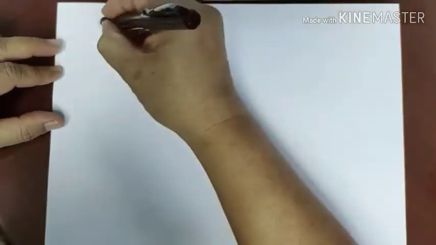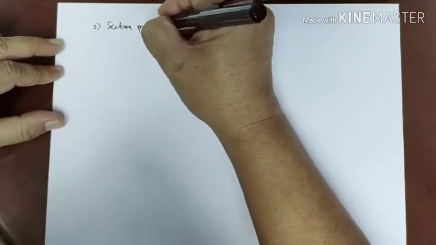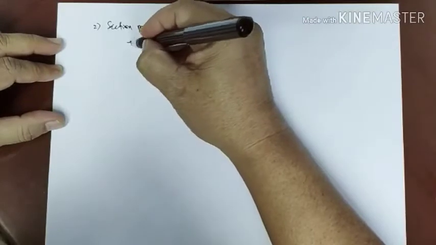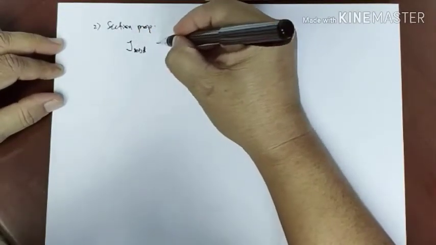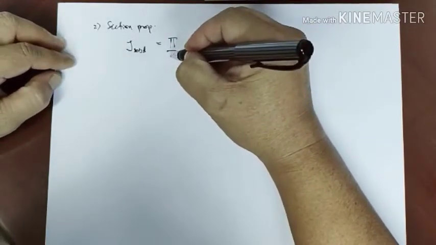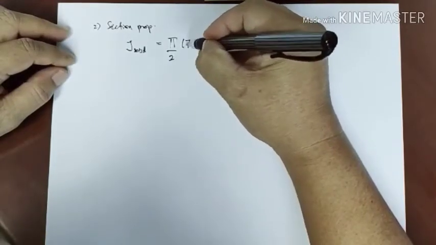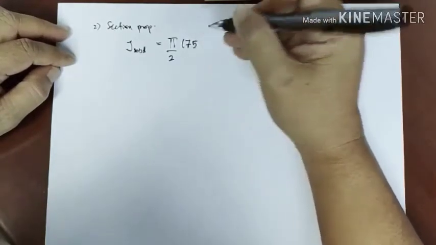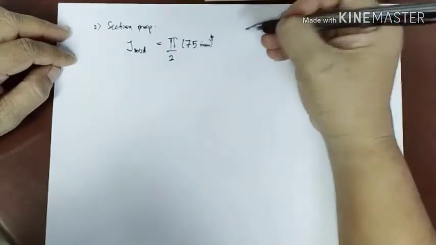So how about the section property? The second part is the section property. Is it solid or hollow? It is solid, so we use pi over 2 rho squared.